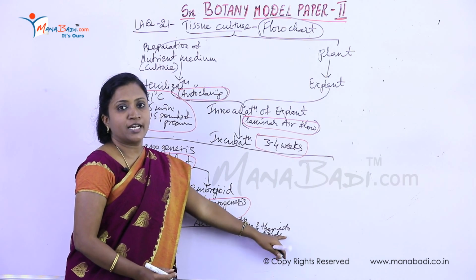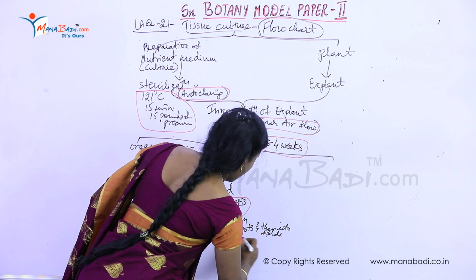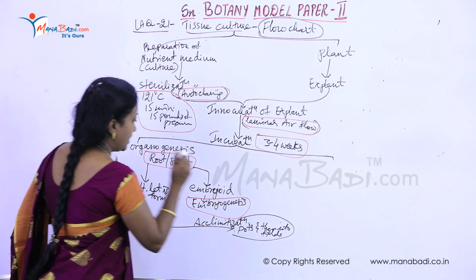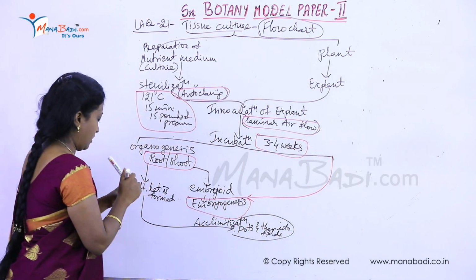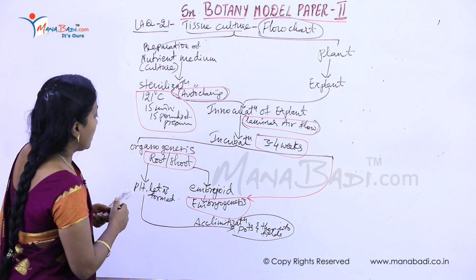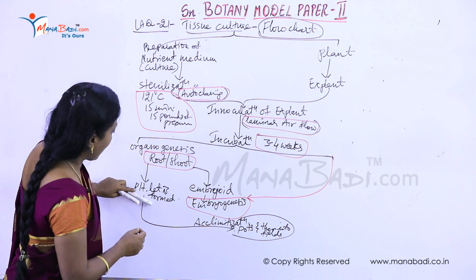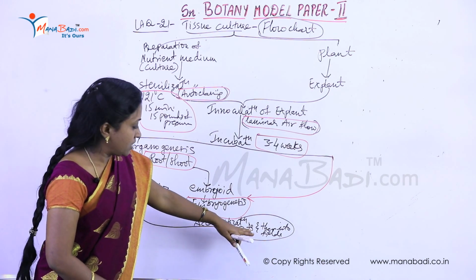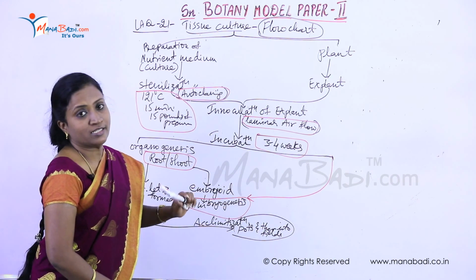In embryogenesis, the plantlet is formed, and in organogenesis, the root and shoot plantlets are formed, which are transferred for acclimatization, into the pots, then into the fields.